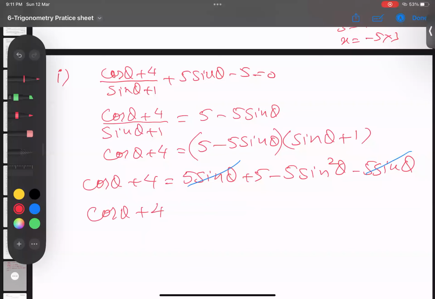Now I'm bringing all values to the left side. So this 5 comes here, and even the 5 sine square comes to the left hand side. I brought these 2 values to the left side. I got this form. Reorder, or solve, these 2 become minus 1.